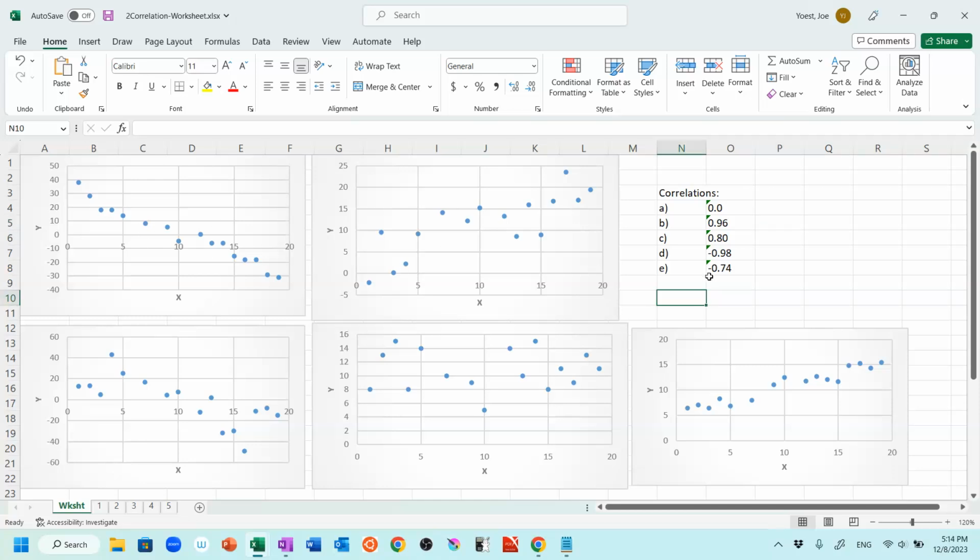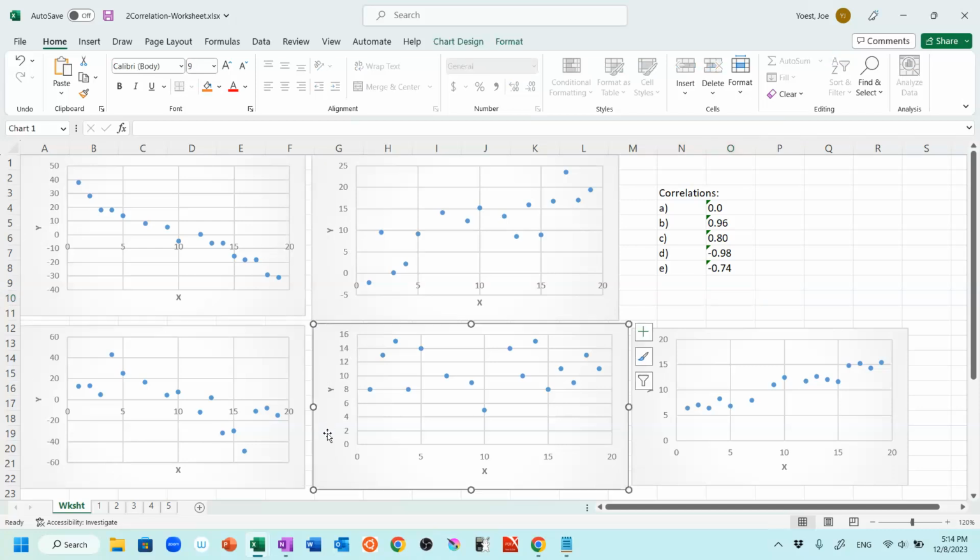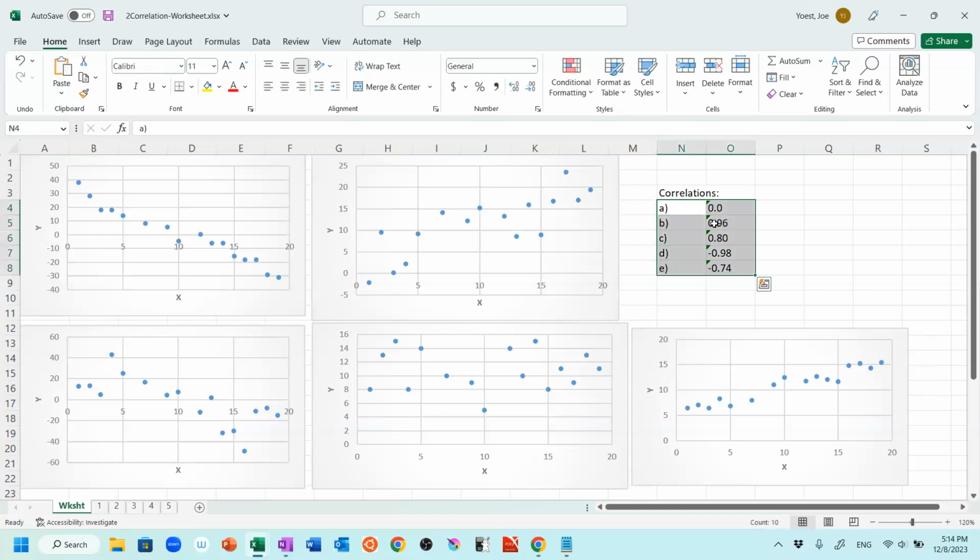So coming back from our little break there, we have our 5 scatter plots and our 5 correlations. We can see that 2 of them are going to be positive, 2 negative, and 1 around 0.